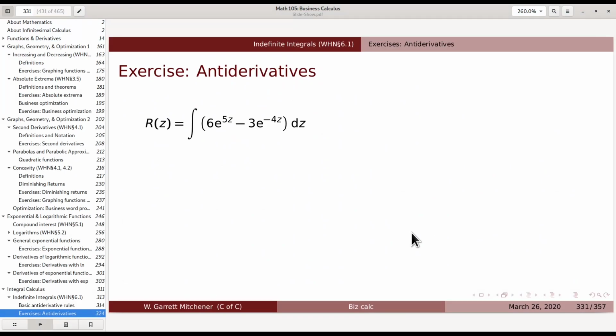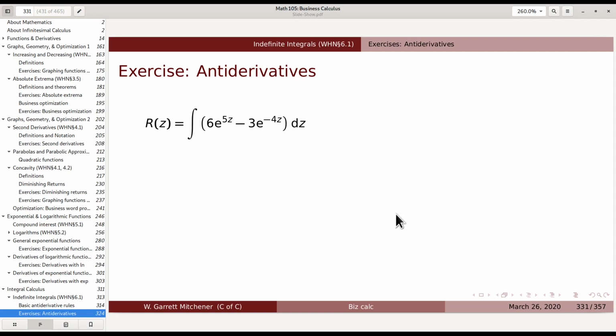Okay, take a moment and try to work out this example. That's the antiderivative, or indefinite integral, of 6e to the 5z minus 3e to the minus 4z.